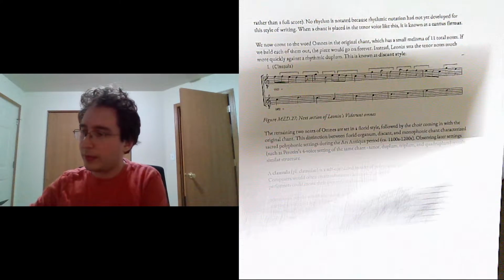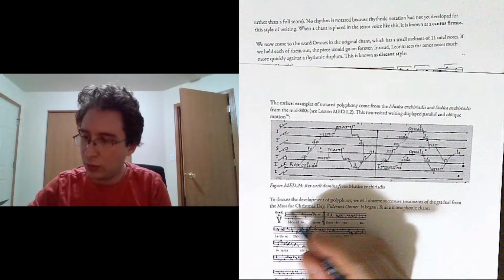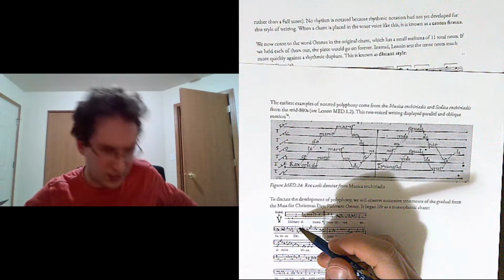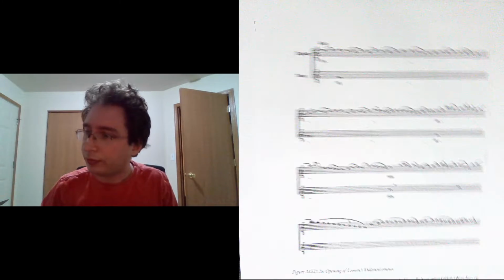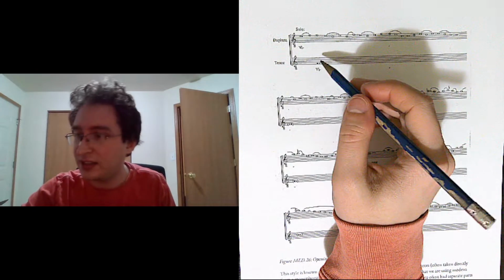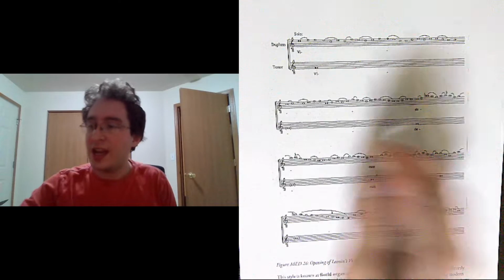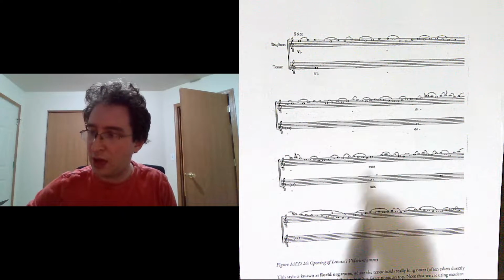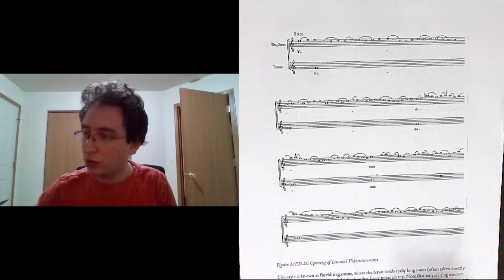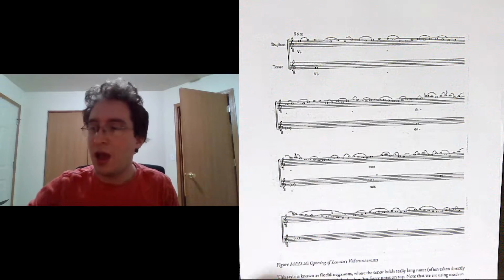So we see that the word viderunt has four notes. And what he has done is he's put them in the tenor voice, tenor for held, and he's held each of those four notes out for a very long time, and then there are lots of other notes on top.